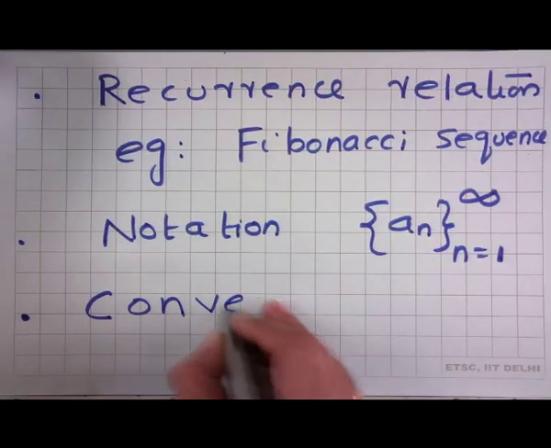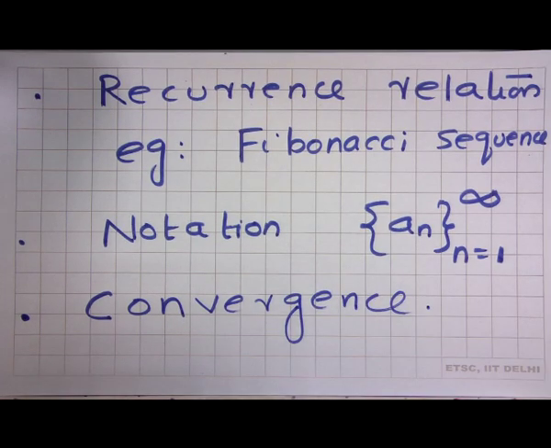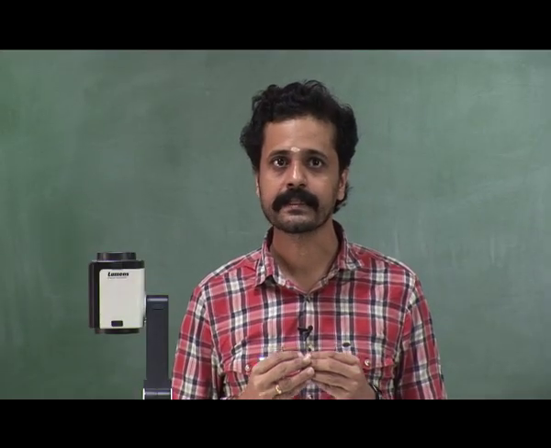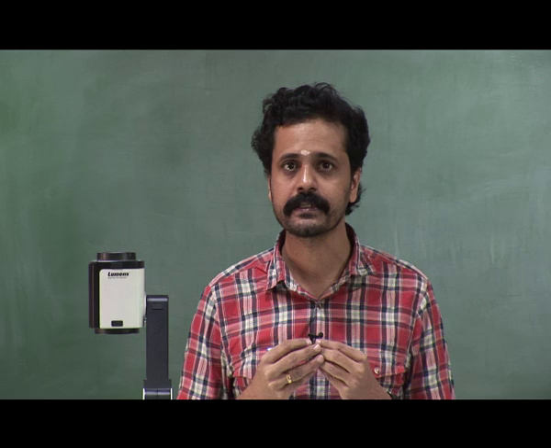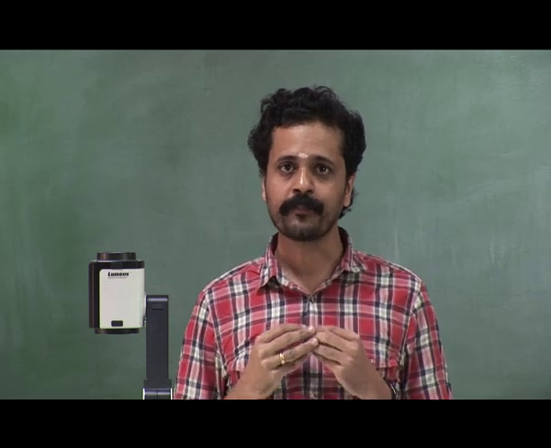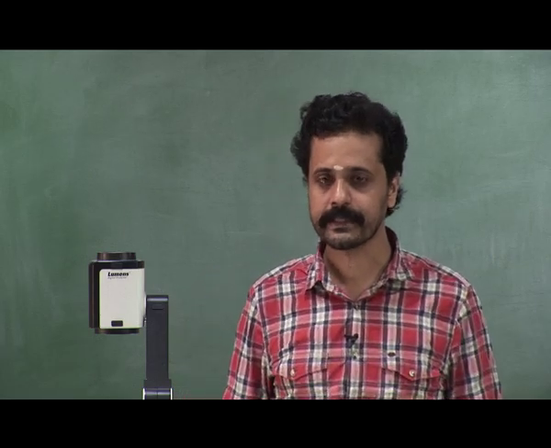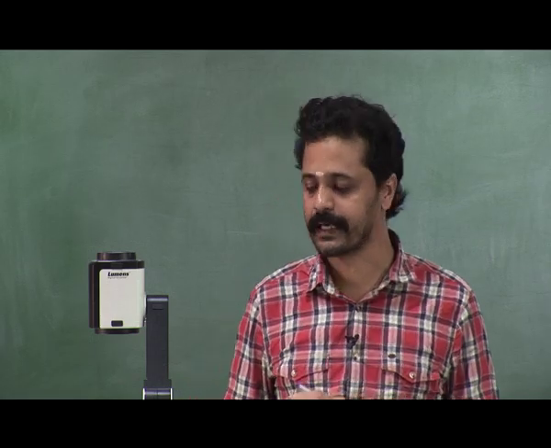Lastly, though not rigorously, we introduced the concept of convergence. In convergence, we investigate the behavior of a sequence as the terms progress. In other words, we observe what happens to the terms of the sequence as n becomes larger and larger.